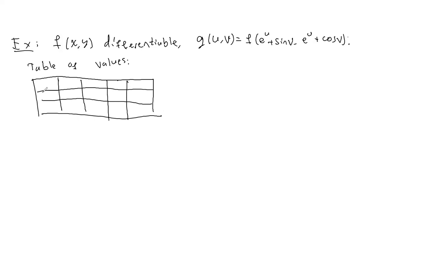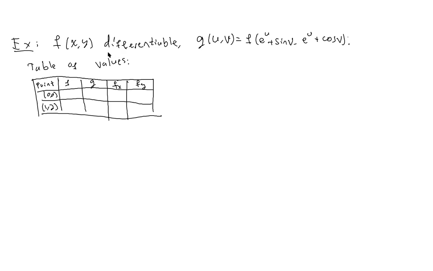Basically, what this looks like is you've got 0, 0, and you've got 1, 2. These are the values for the point you're evaluating. You've got f, g, fx, and fy.